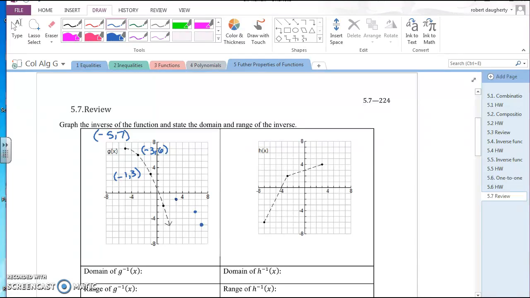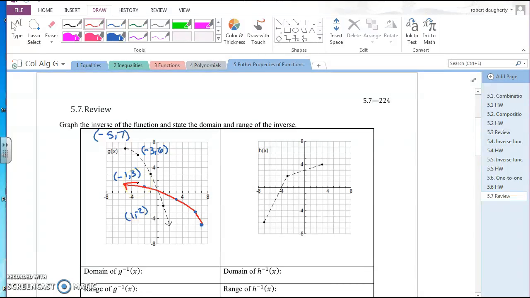And then I see the point 1, negative 2. So I'm going to need negative 2, 1. Okay. So if I draw this function, it starts down here. So we do something like this. So that is the inverse function.